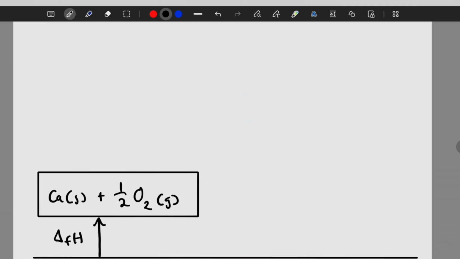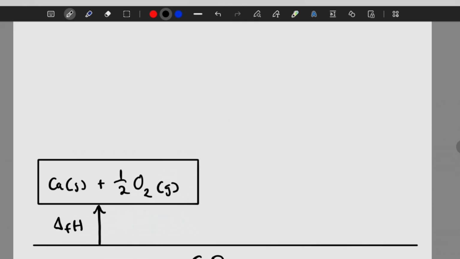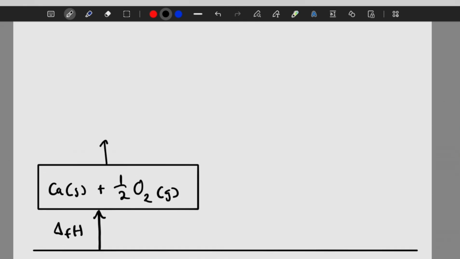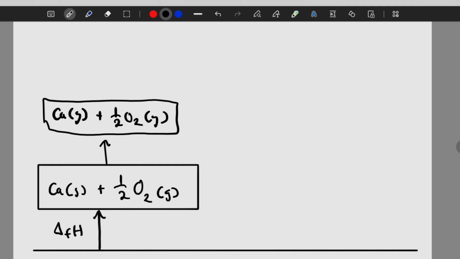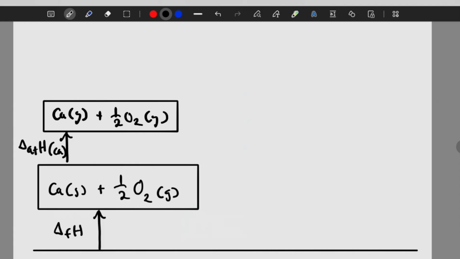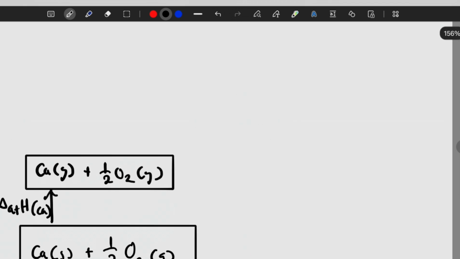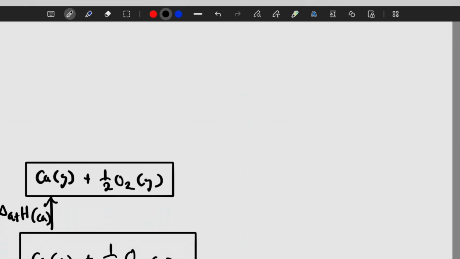Right, okay, so now we want the calcium to be a gas, so let's focus on the calcium. The enthalpy of atomization forms 1 mole of gaseous atom. Actually, let me do the arrow here. Then next we want calcium to be in its ionic state.